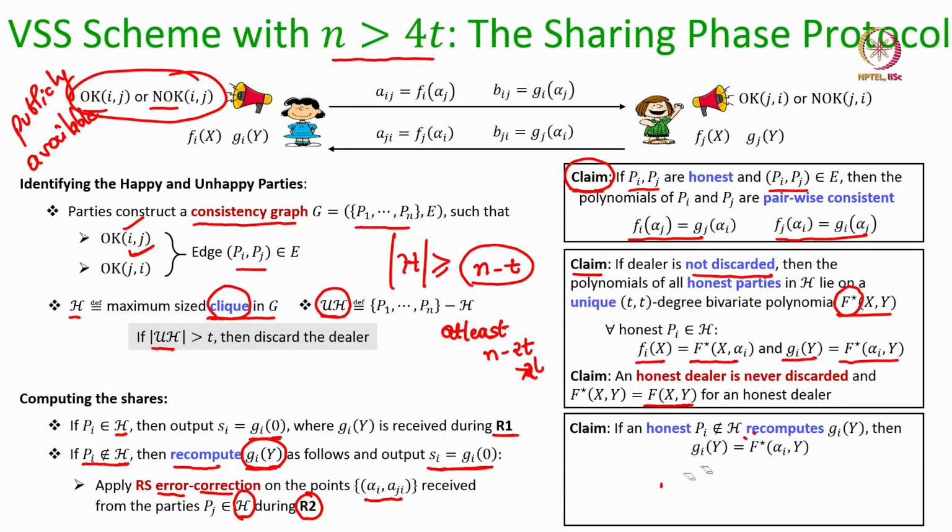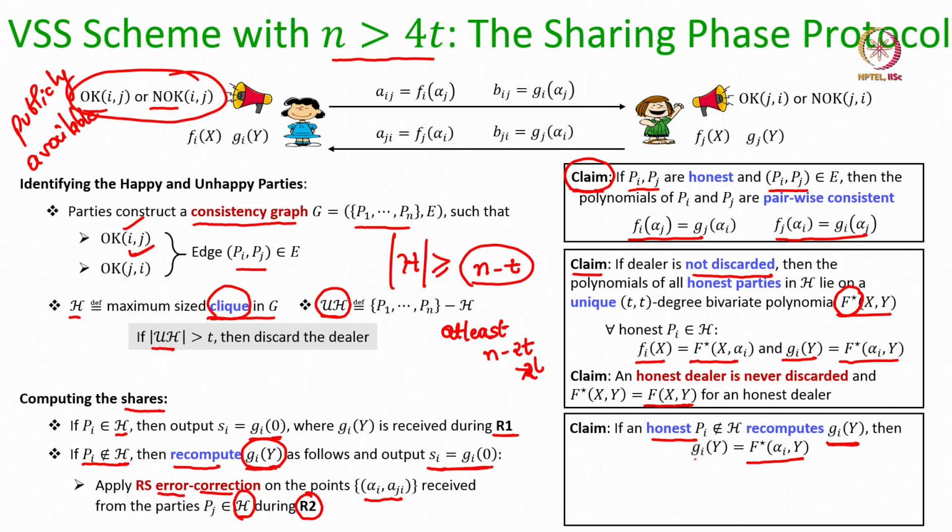Now, what we are going to claim here is that if there is some unhappy honest party p_i, then as per this process of computing the shares, it will be recomputing its column polynomial g_i(y). We are claiming here that this recomputed column polynomial g_i(y) is nothing but a column polynomial on this bivariate polynomial f star, defined by the polynomials of the happy honest parties.